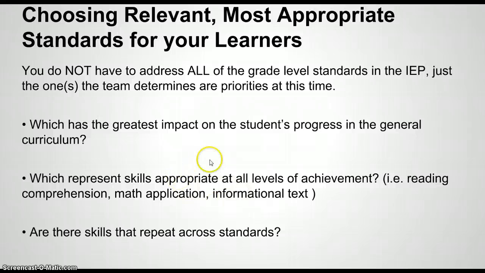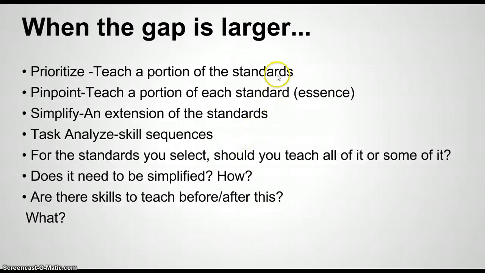And that's that complexity of thinking as well as we move through subjects and through grade levels. And then are there skills that repeat across standards? Obviously there are. There's a lot of repetition, and find the ones that are going to best meet your student. When the gap is larger, when we've got students that are 4, 5, 6 grade levels behind, again, prioritize.